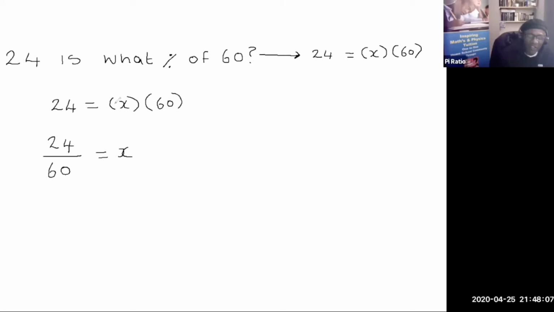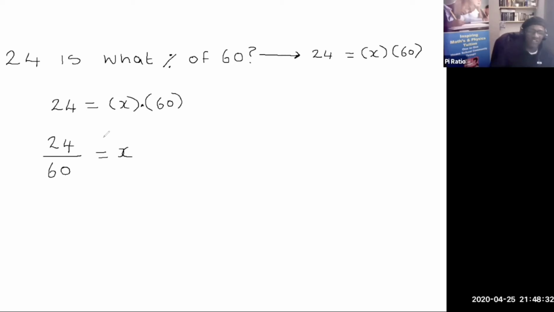Now, all you're going to do is you have to isolate x. So the way you isolate x by keeping it on its own is moving this number. If you move it round to here, it's in a division state. It's in a time state here, yeah? And you're moving it there, so it's going to become divide. Okay?